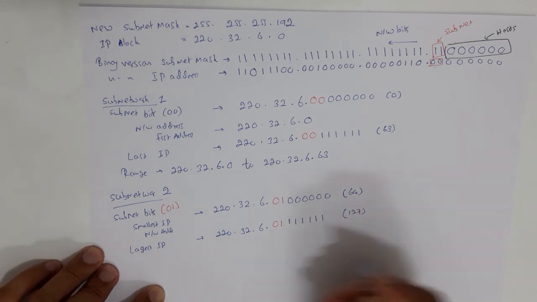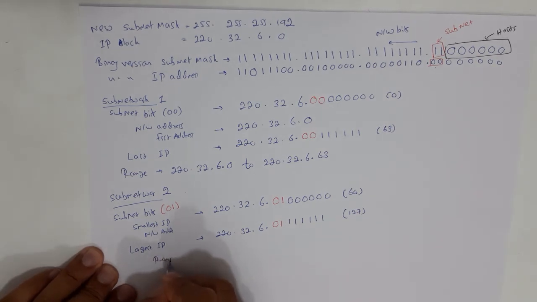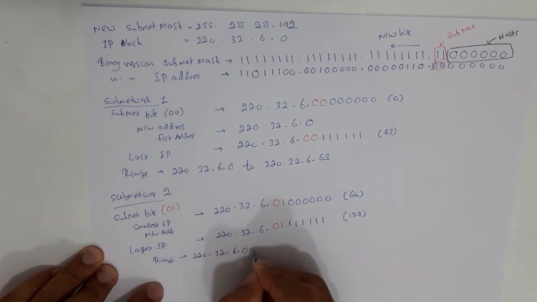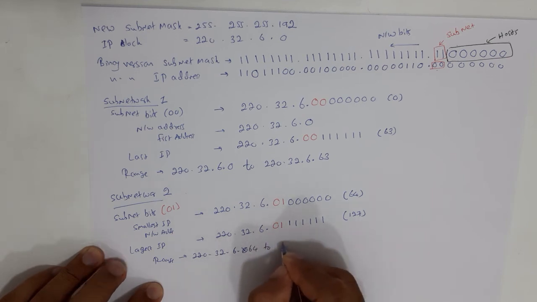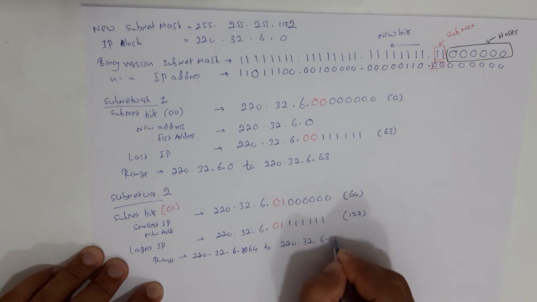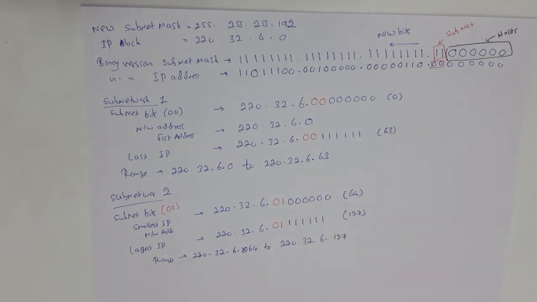This should be 127. Then the range goes from 220, 32, 6, 64 to 220, 32, 6, 127. So this is the way we found the second subnetwork.